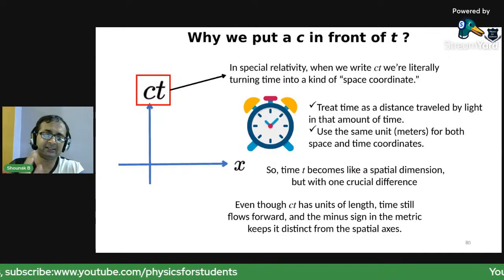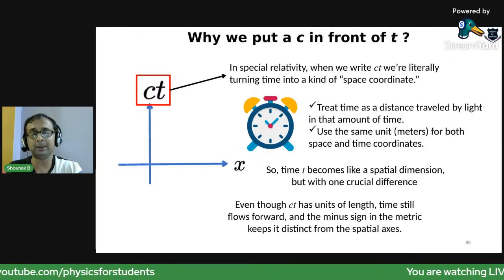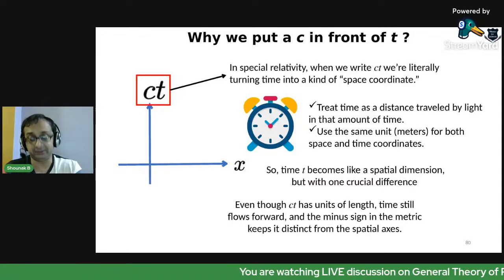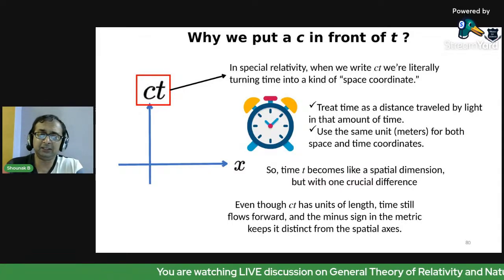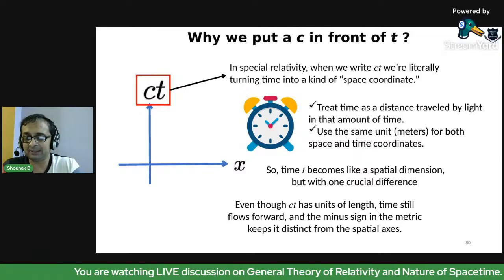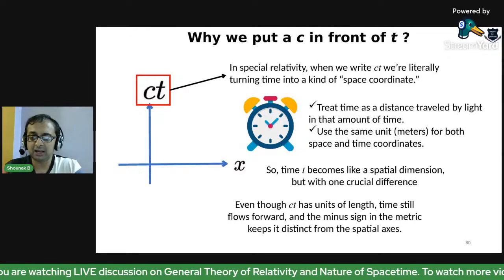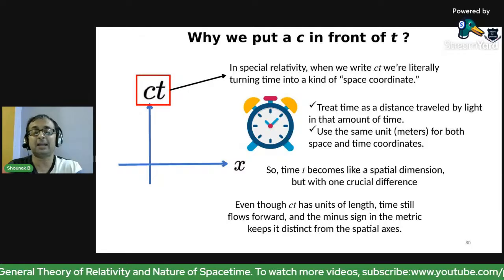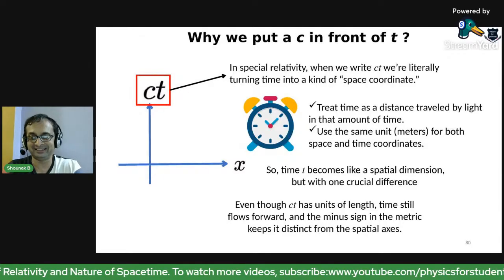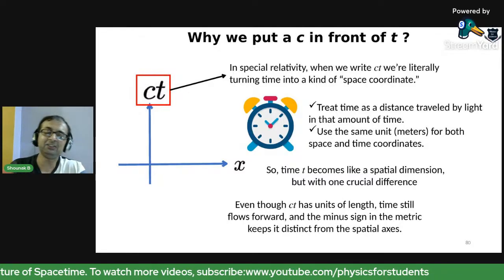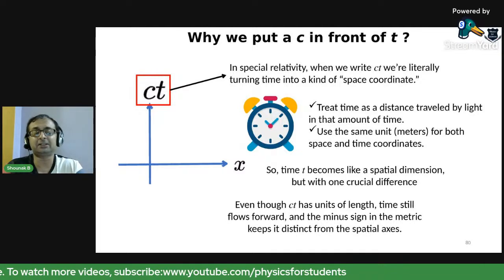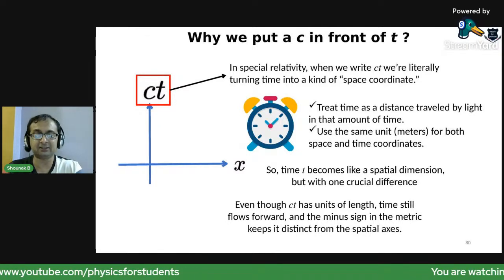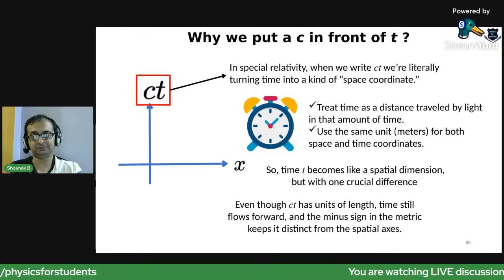Whenever we write ct on the y-axis, remember that we are literally turning time into space. Here we treat time as a distance traveled by light, using the same unit. So time t is like a spatial difference. So time is not time, it is space. Even though ct has units of length, time is still flowing forward, and the minus sign in the metric keeps it distinct from the spatial axes.